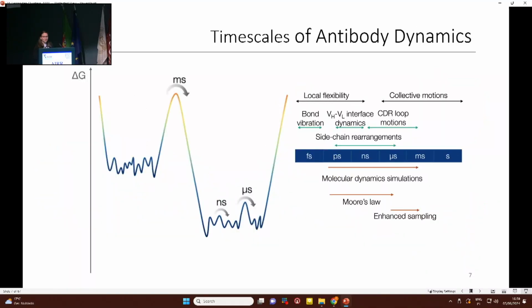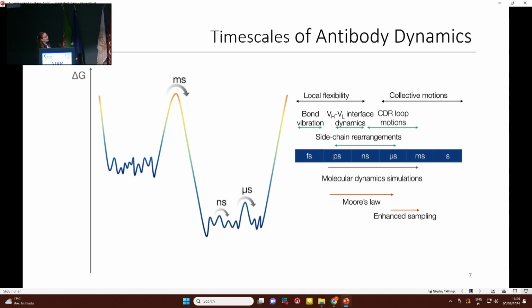So to go back, when talking about flexibility, we have to be aware that flexibility comes with a timescale. Different rearrangements and different processes occur on different timescales, and so we're tackling these with MD simulations. Of course, MD simulations have the limitation that long timescale simulations come with a great computational cost.